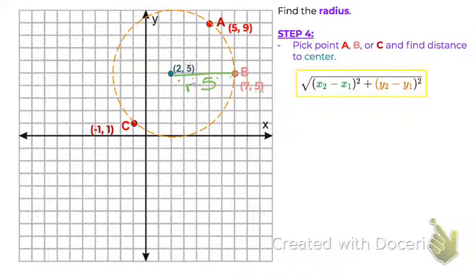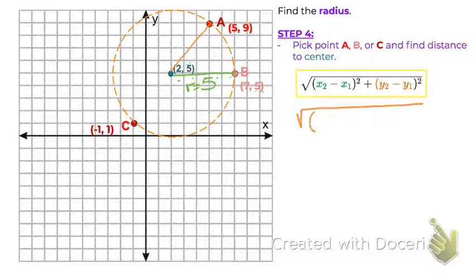You can just count and say, oh, it's 5 units. The radius is 5. But I'm going to show you, because it's not always going to be that easy, how to do it. Let's pick A. So let's find the radius between 2, 5 and 5, 9 using the distance formula. So I'm going to substitute these in and see if we get 5 as well.